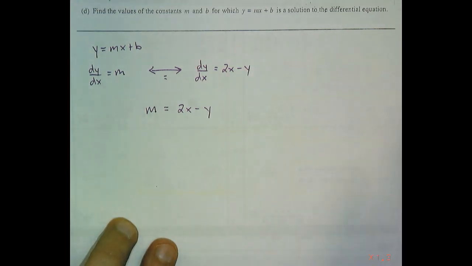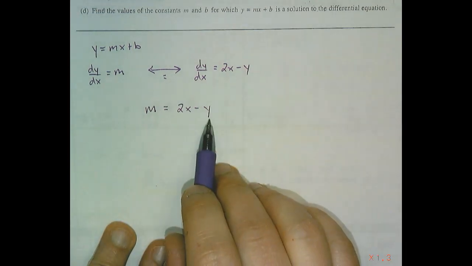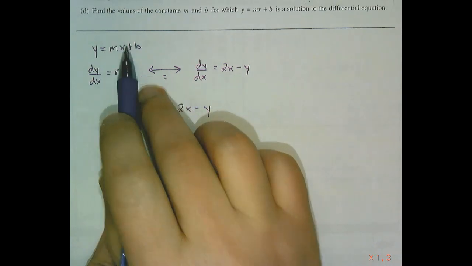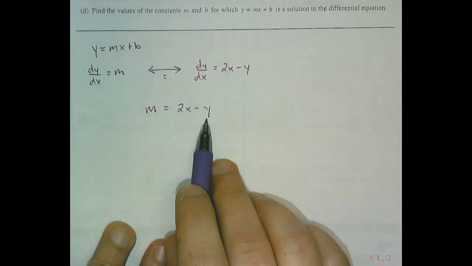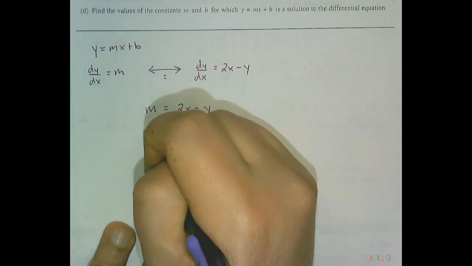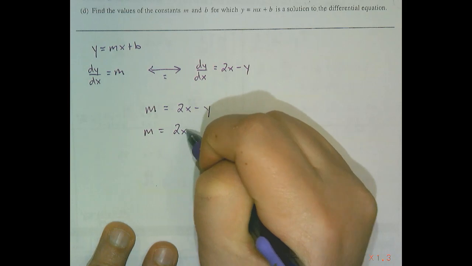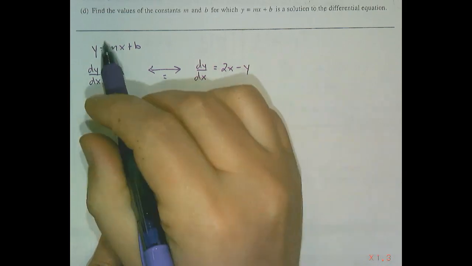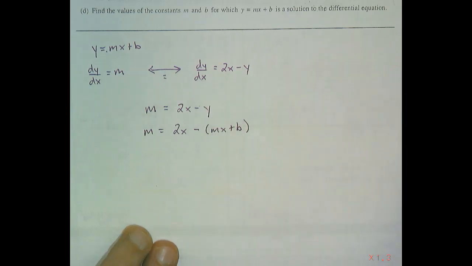Now furthermore, if this curve is a solution, then mx plus b can be substituted in for the y. So 2x subtract (mx plus b), because that is what y is equal to if this is a solution.